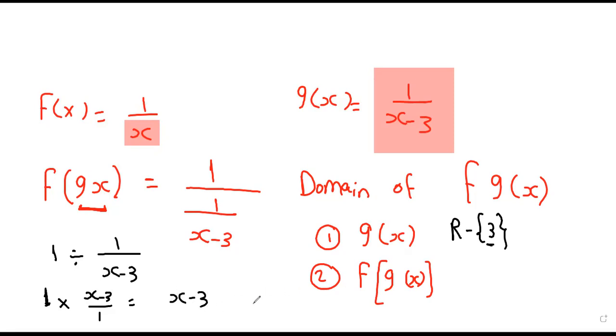So f of g of x equals x minus 3. And we don't have any restrictions for x. So what is the domain? The domain is R difference 3, because the domain for this one is R. So the domain for f of g of x is R difference 3.